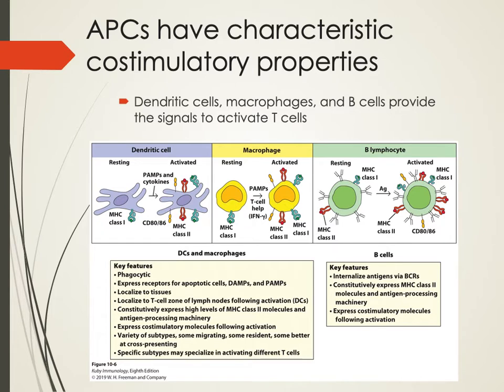And so when they become activated, they increase production of those. And so we can use those markers to indicate whether those antigen presenting cells like dendritic cells, macrophages, and B cells are activated. And once activated, they can help in presenting and activation of our T cells.